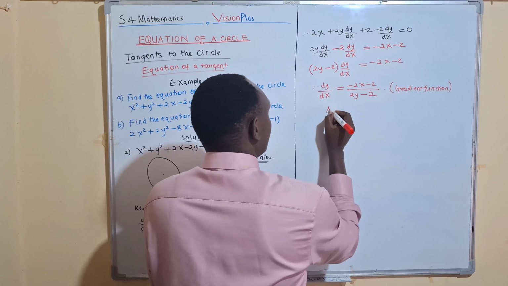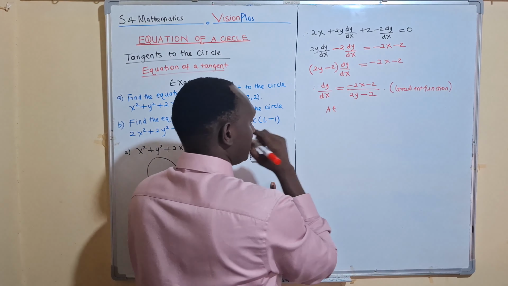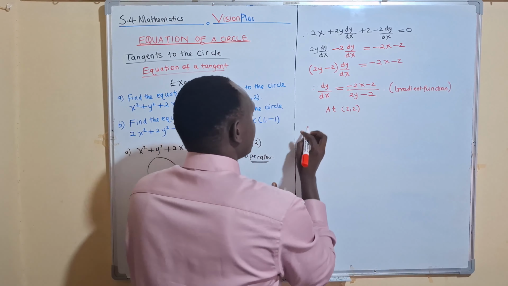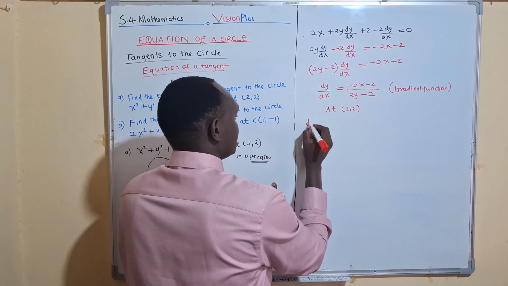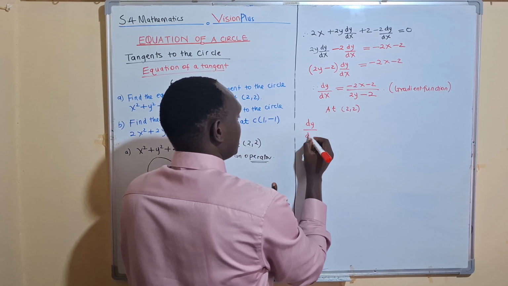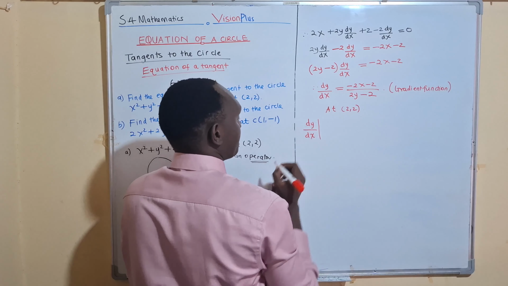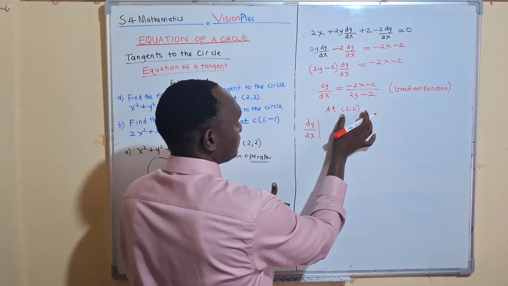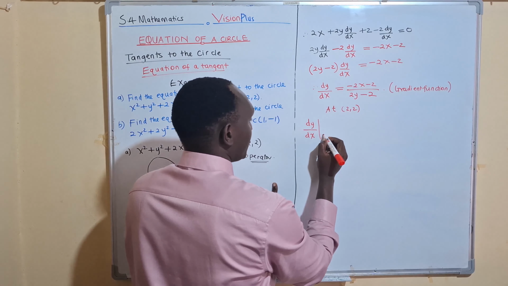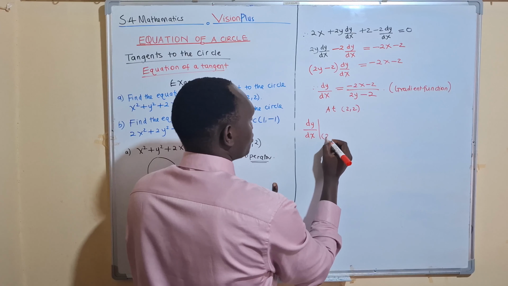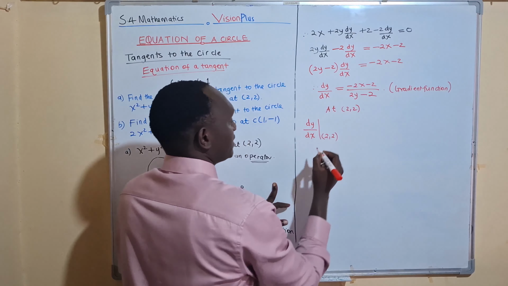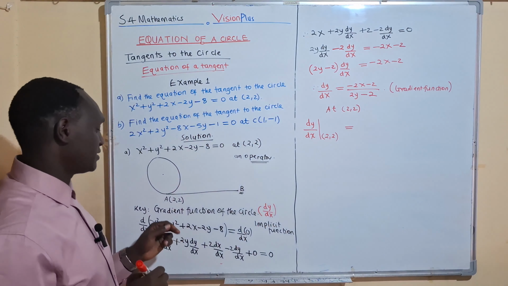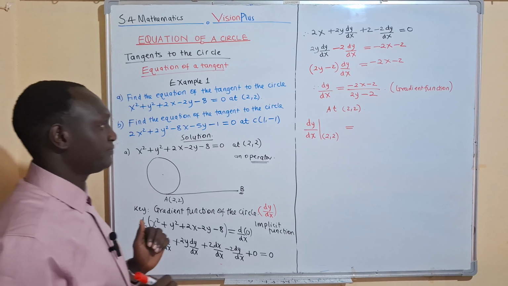So at point (2, 2), when we substitute in for 2 and 2 in the gradient function, then we shall be in position to get the gradient of the circle at that point.